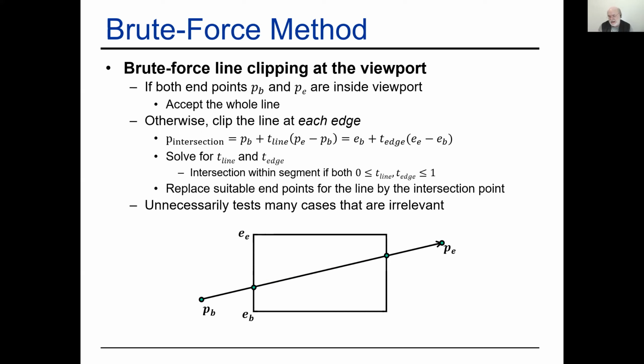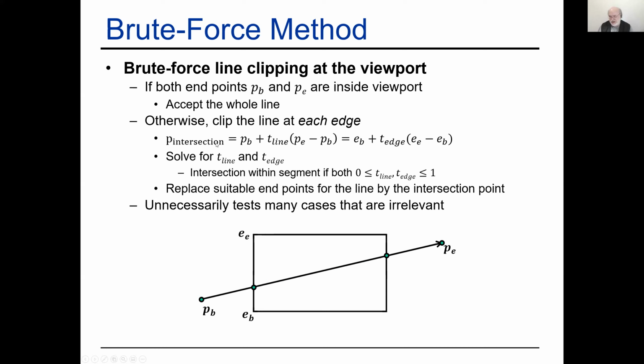In any other case, in the brute force method, we would have to compute if there are any intersections between the line defined by the points PB and PE and one of the edges. We have to do that for every one of the four edges. And we have to compute the intersection point.